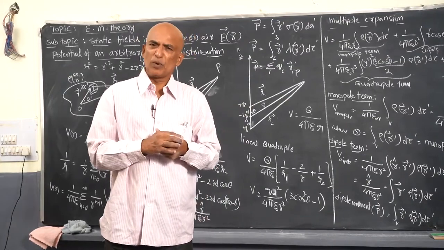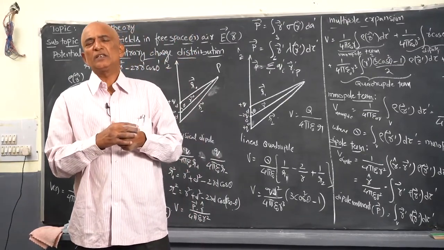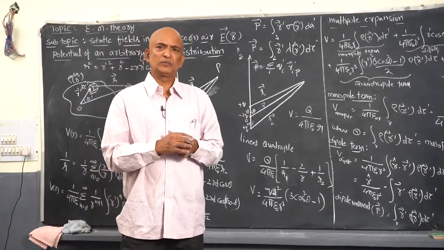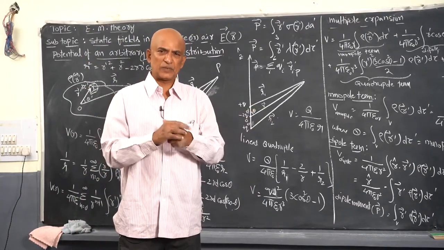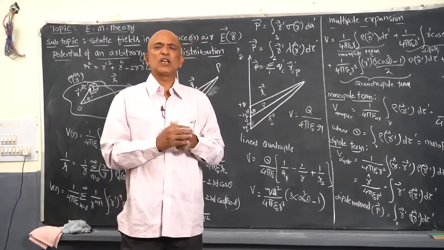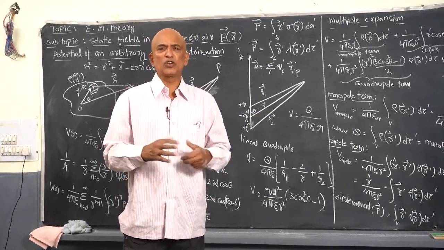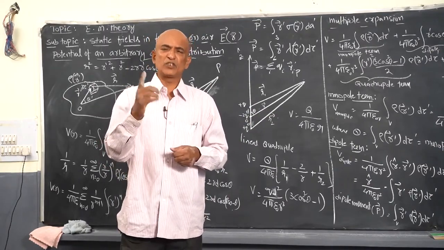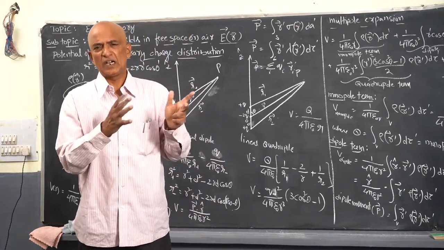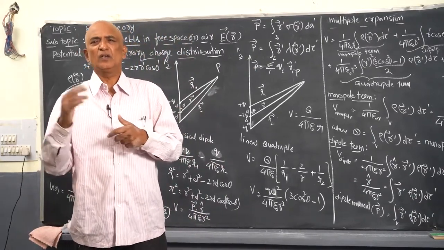Similarly, the quadrupole moment of the charge distribution depends on the origin of coordinates. But there is an exception. If the net charge or monopole moment and also the dipole moment are both zero, then the quadrupole moment does not depend on the origin of coordinates, and so on for the octupole moment.